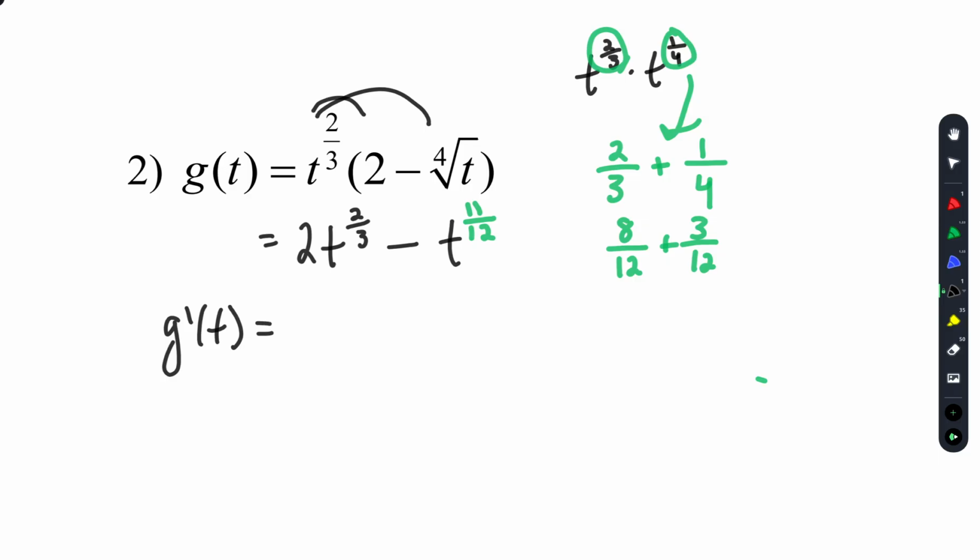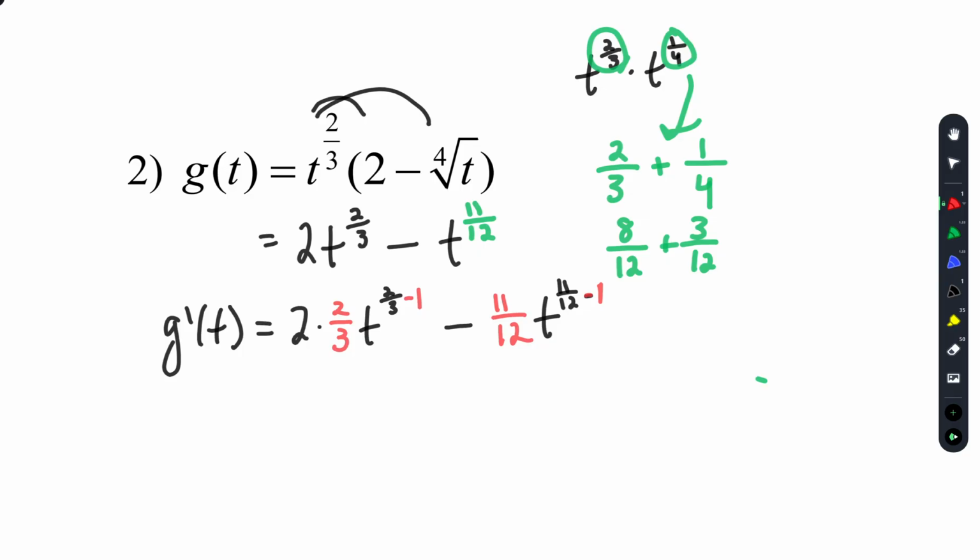Okay. So for the derivative, you're going to take 2 times the new power. So maybe I'll just do this one again. You bring down the power, and then it's t to the 2/3 and then minus 1. So you're always subtracting 1 every single time. Then you're going to bring down the power, 11/12, and then t, and then you're going to take that 11/12 and subtract 1.